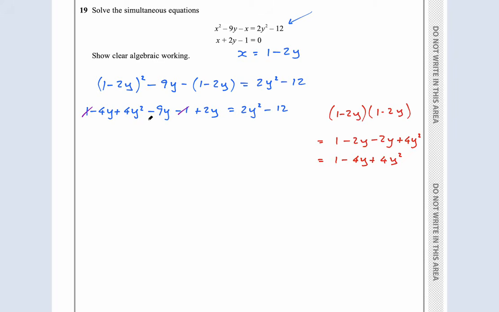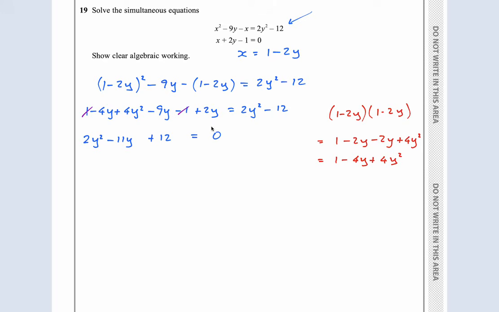I have 4y squared here, and I'm going to minus 2y squared here, so I get 2y squared. That's this minus this. Then I have minus 4y minus 9y is minus 13y, plus 2y is minus 11y. And then finally, I'm going to add the 12 over here, plus 12 equals 0.